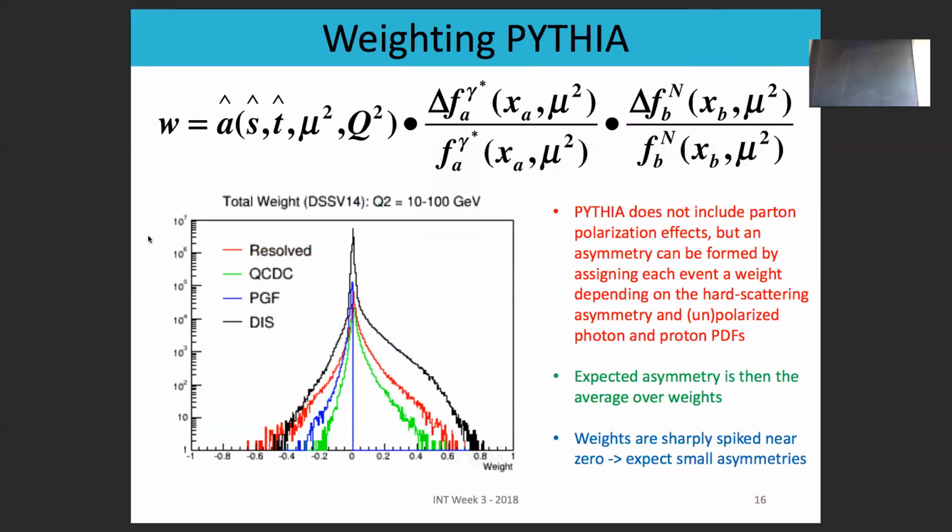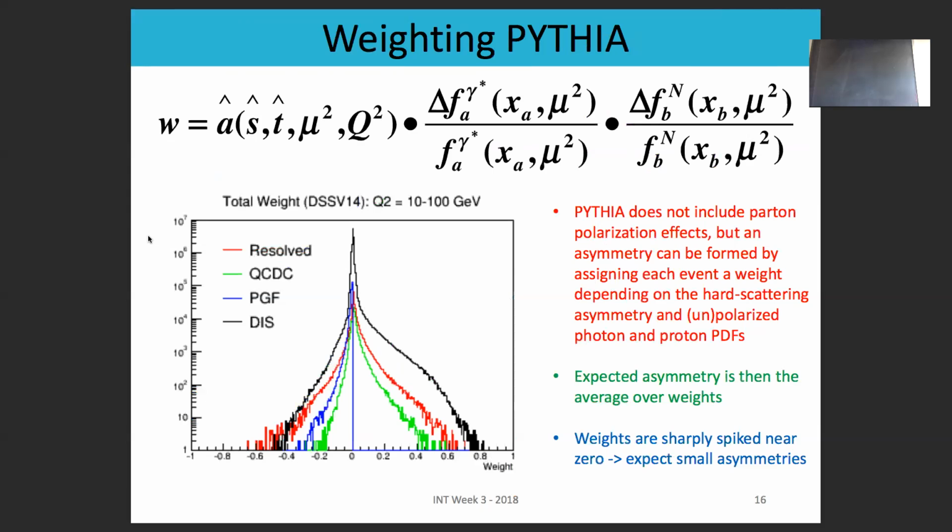So a quick word on how we actually get an asymmetry out. Of course, PYTHIA doesn't include parton polarization effects, but we will just weight our event sample according to this formula here, where we have the leading order partonic asymmetries A hat, and then two terms describing the polarized and unpolarized photon and nucleon structure.